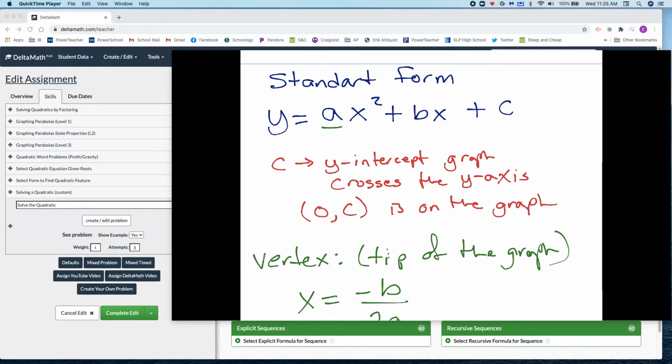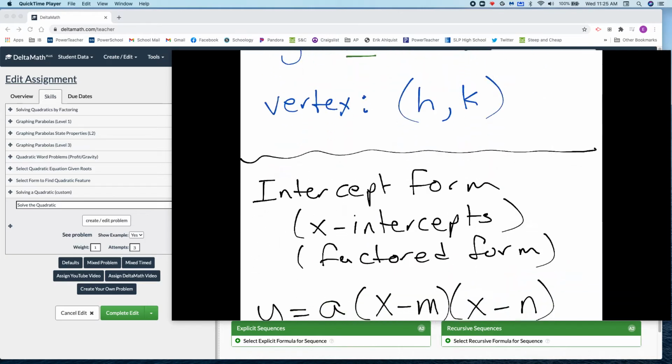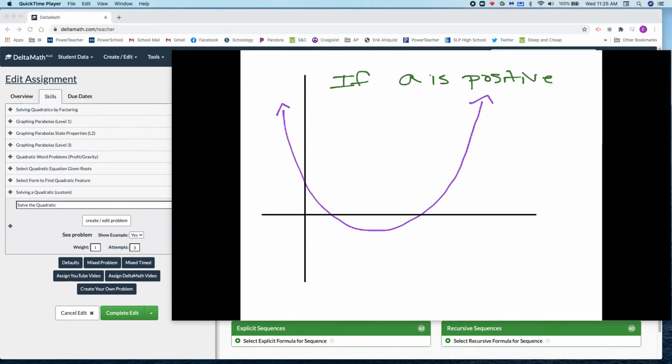If a is positive, this is what the graph is going to look like. This right here is the y-intercept.